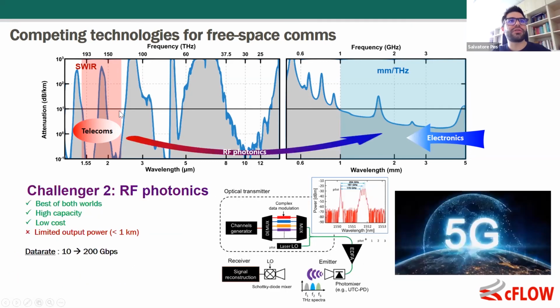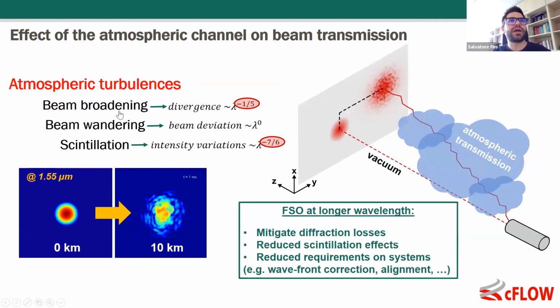Yes. In fact, if I come back to this slide, atmospheric turbulence scales with wavelength. So there is a slight improvement if we switch to the longer wavelength as far as beam broadening is concerned, and an even greater impact as far as scintillation is concerned.